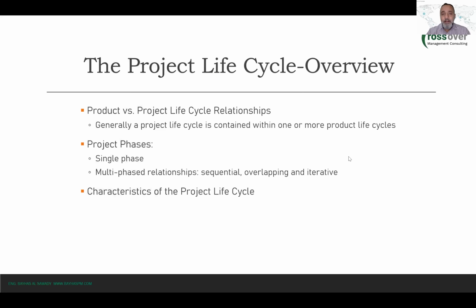Okay, so let's start first by comparing and explaining the relationship between the product life cycle and the project life cycle. Now, each product that you can think of also has a life cycle because it started at some point, and it will end. We will stop producing that product at some point, right?